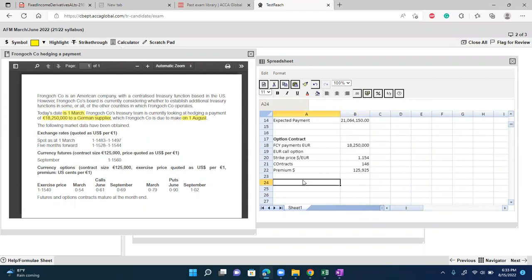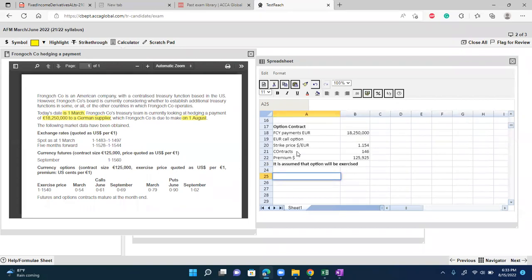Okay, next, it is assumed that the option will be exercised. So what is the option? We will receive euros and we will pay in dollars.